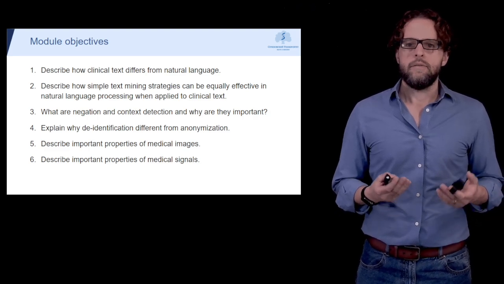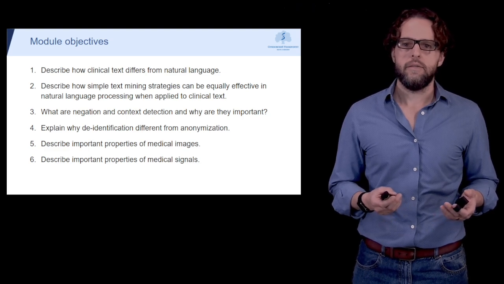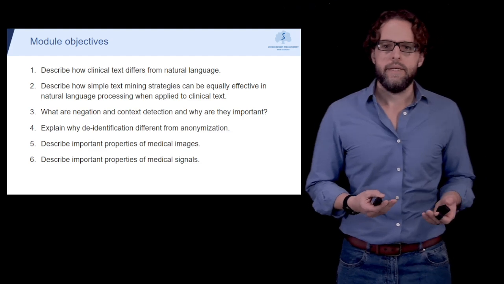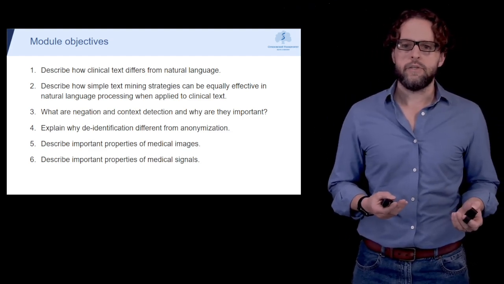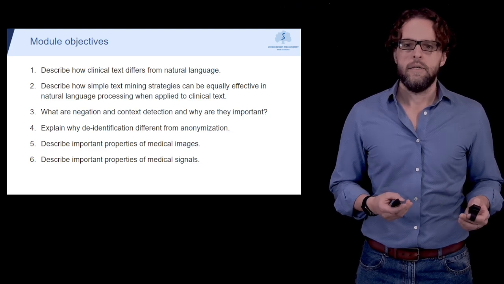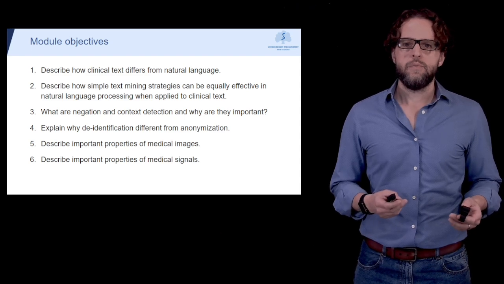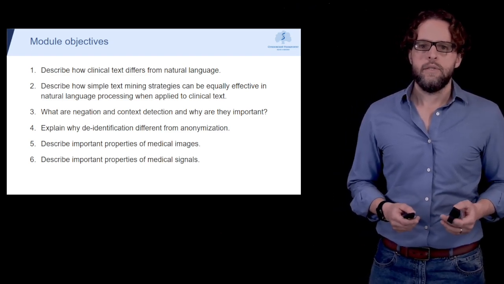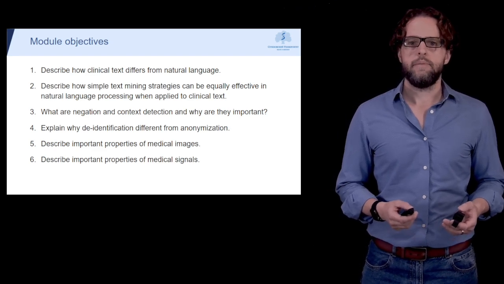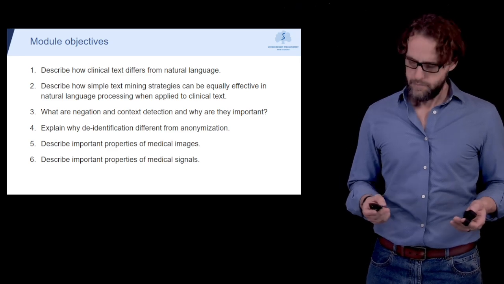What are negations and context detection and why are they important? Also, we will explain why identification is something different from anonymization of medical records. Also, we will describe important properties of medical images, important properties of medical signals, and so on.